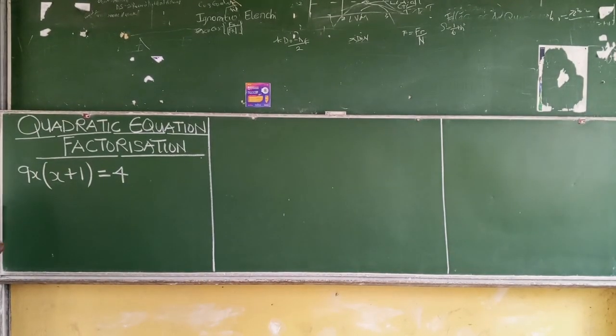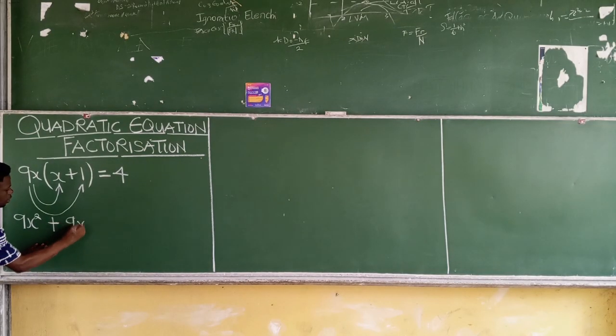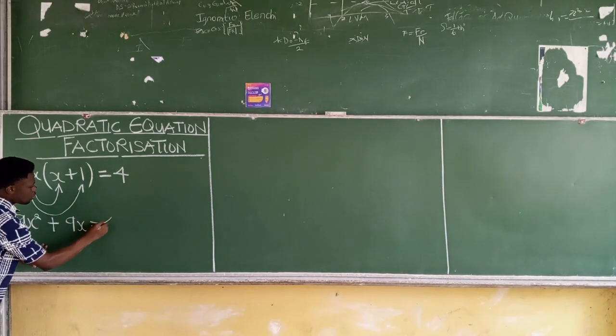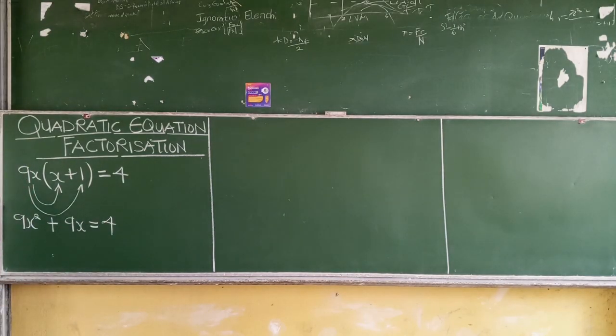So the first thing we must achieve is to multiply what is outside the bracket with everything in the bracket, which is 9x times x plus 9x times plus 1. So 9x times x gives 9x² plus 9x times 1 gives 9x, which is equal to the right hand side, which is 4.